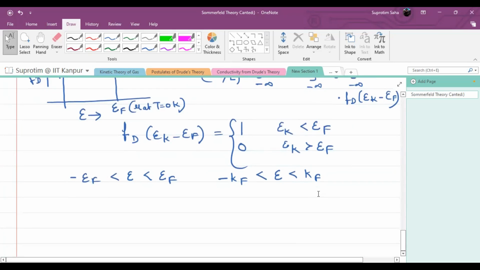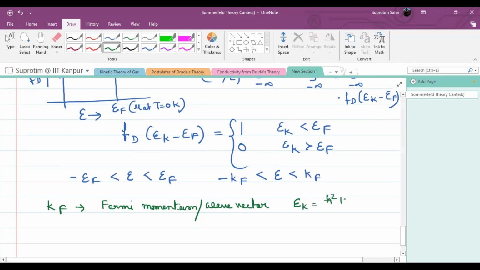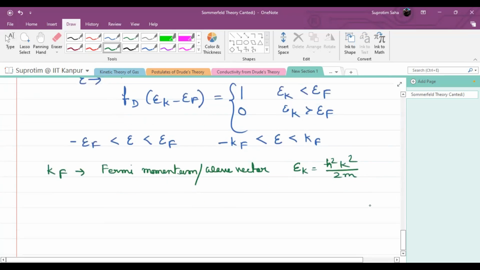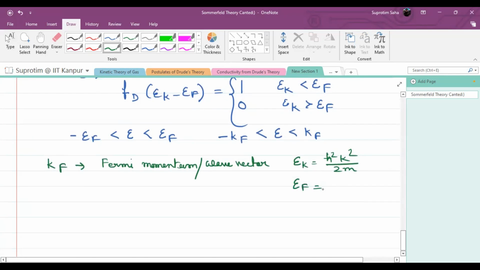Let me tell you, this kf is your Fermi momentum, like Ef is the Fermi energy. Corresponding to this energy is the Fermi momentum or wave vector. The energy is Ek equals h cut squared k squared over 2m, which is known to us. So the Fermi energy would be given by h cut squared kf squared over 2m.